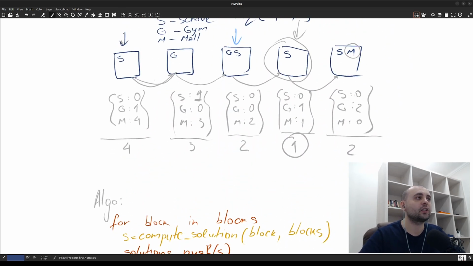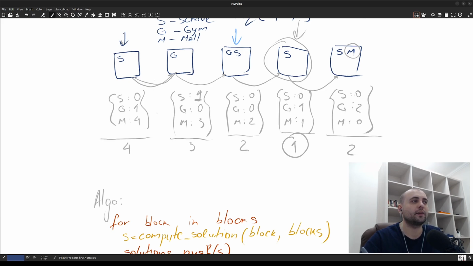Let's look at what we actually did here. So for each block, assuming we are at this block, we need to compute a solution in this form. So I guess for each requirement we'll need to write it down in some form of data structure. I'm not sure exactly what the data structure will be yet, maybe some vector.